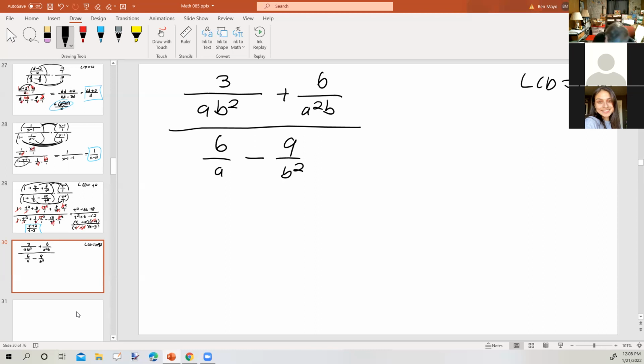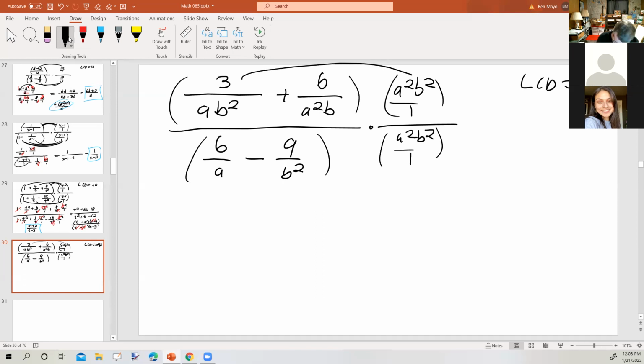All right. So we're going to multiply by a squared b squared over a squared b squared.